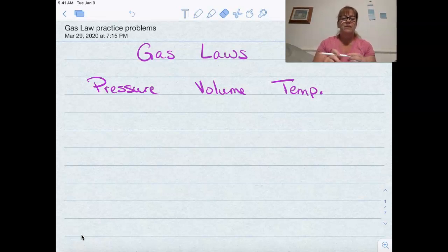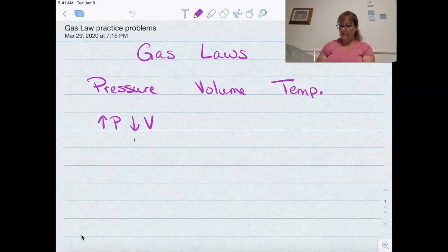A man by the name of Boyle studied pressure and volume. And as you would have discovered in the virtual lab, just like he discovered, if you increase the pressure on a gas that's at a constant temperature, you decrease the volume.